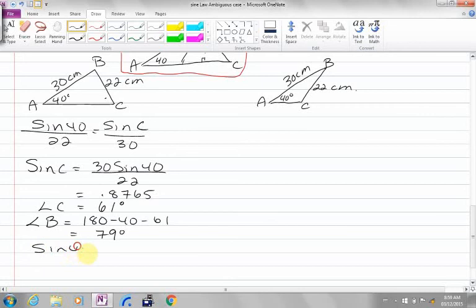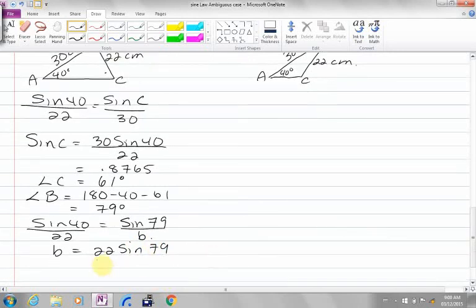So sine 40 is to 22, as sine 79 is to B. So B is 22 sine 79 divided by sine 40. So B works out to be 33.6 centimeters.